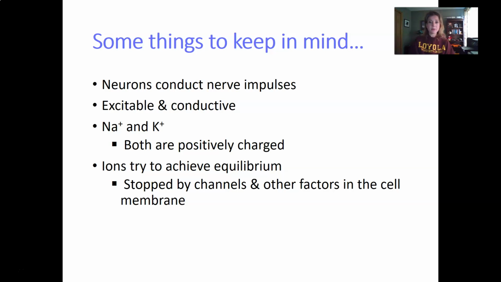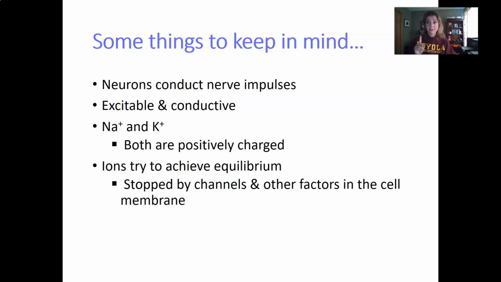The two ions that we're going to talk about the most are sodium and potassium. So sodium is Na with a +1 charge, and potassium is K with a +1 charge. So I want you to notice that both of them are positively charged. Finally, ions are going to try to achieve equilibrium, which means that they're going to move so that they have equal amounts of themselves on either side of the cell membrane.